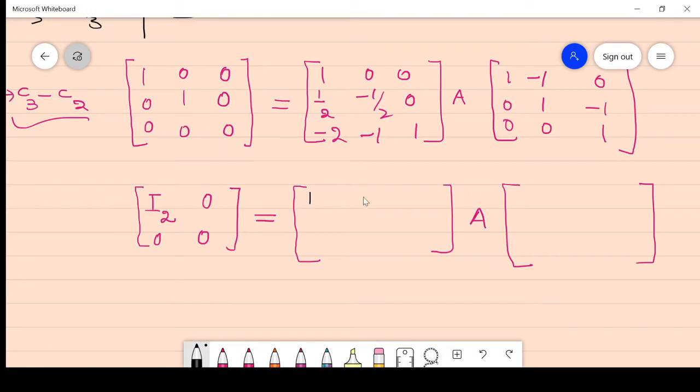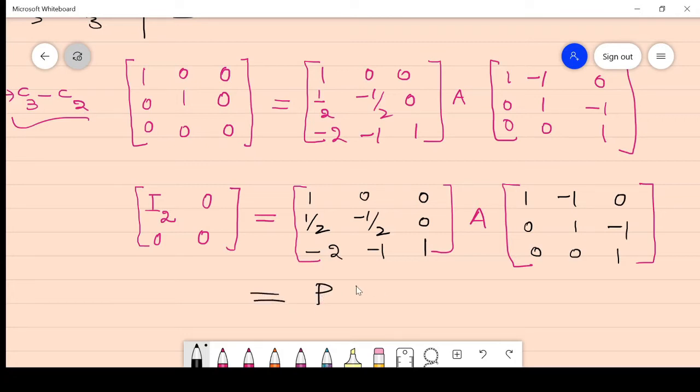We get 1 0 0, 1 by 2, minus 1 by 2, 0, minus 2, minus 1 and 1. So 1 minus 1 and 0, 0 1 minus 1, and here it is 0 0 and 1. So we write this matrix as P, this matrix is A, and this matrix is Q.